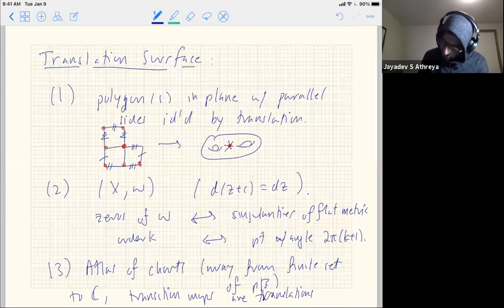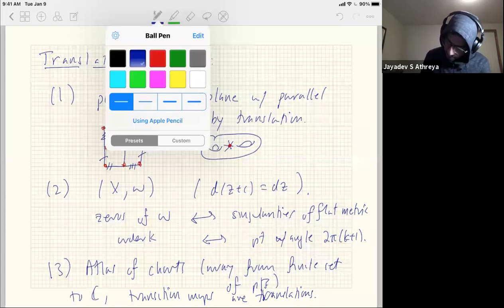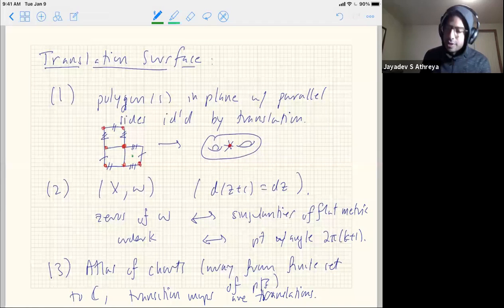And it's easy to see, for instance, from either of the first 2 definitions, how you get something in the third. For instance, from the first definition, what's the chart around this point? Well, you just look at the Euclidean structure around that point. What's the chart around this point? Well, you take this half disk and this half disk, and that would be a very nice chart around that point. The only point you have trouble defining a chart around is a singular point, the red point.